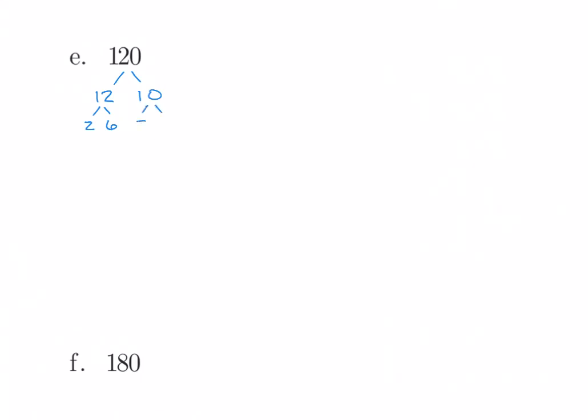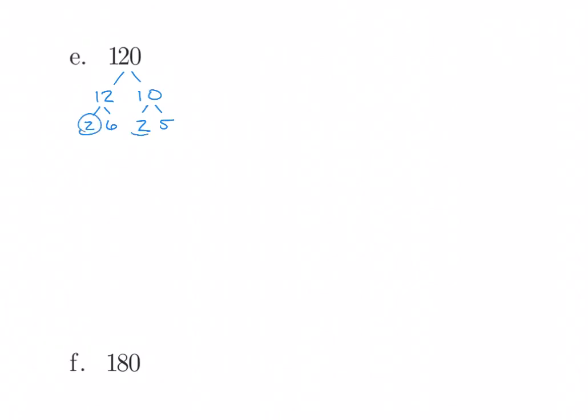All right, let's try a couple more. Let's look at some that are just a little bit more challenging. Let's look at 120. So again, I'm going to show you that it doesn't matter how we do this. Let's go ahead and go with 12 times 10. All right, 12. What multiplies to 12? I get 2 and 6. 10 is 2 and 5.